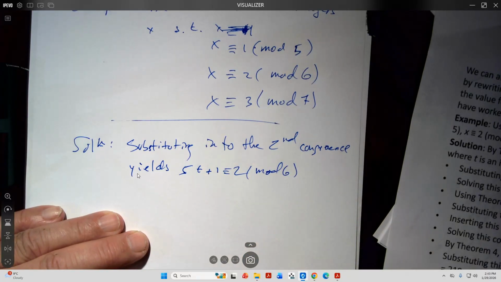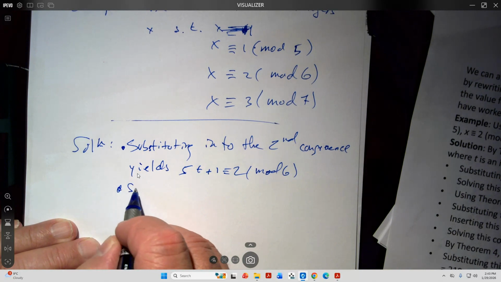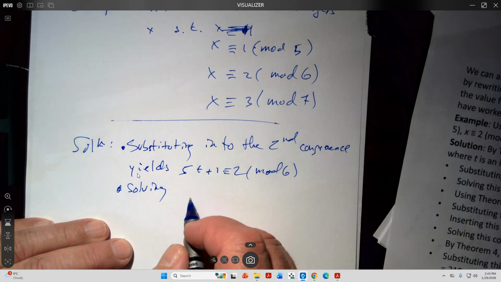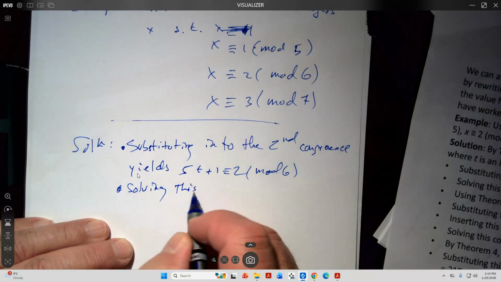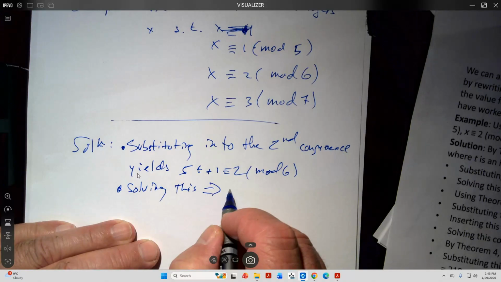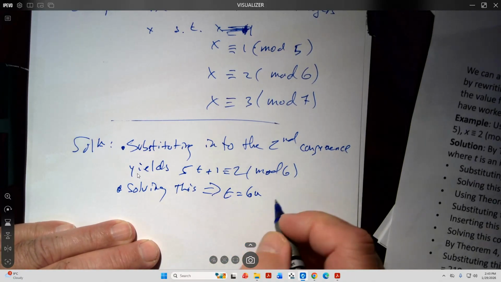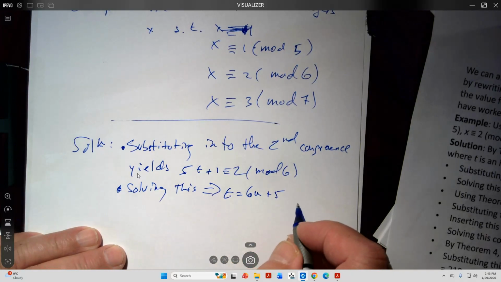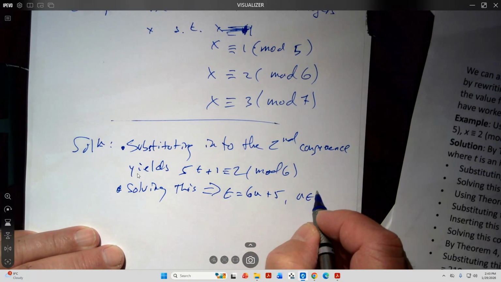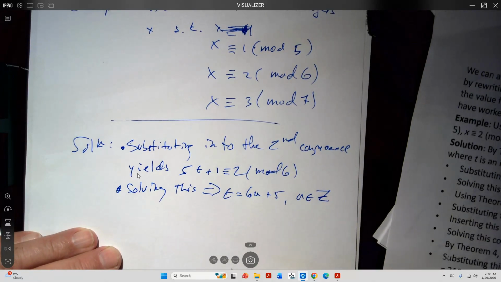Solving this implies t equals 6u plus 5, where u is an integer.